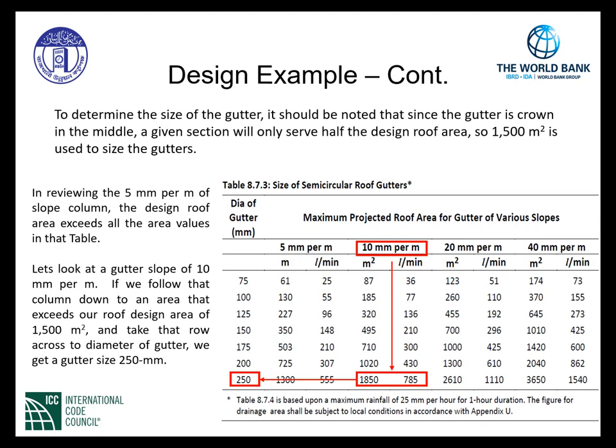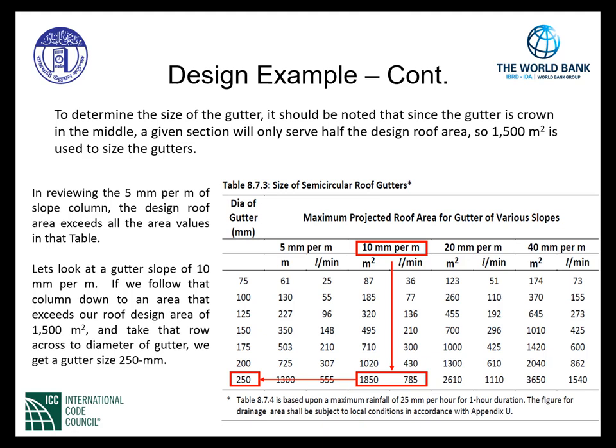Continuing our design example, to determine the size of the gutter, it should be noted that since the gutter is crowned in the middle, a given section will only serve half the design roof area. So 1,500 square meters is used to size the gutters. In reviewing the 5 millimeter per meter of slope column, the design roof area exceeds all the area values in that table.